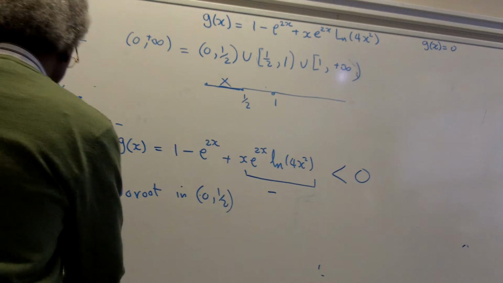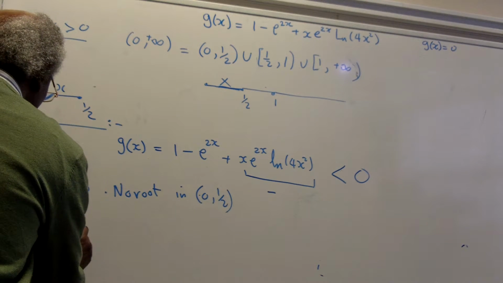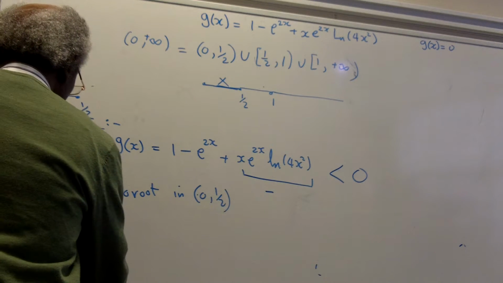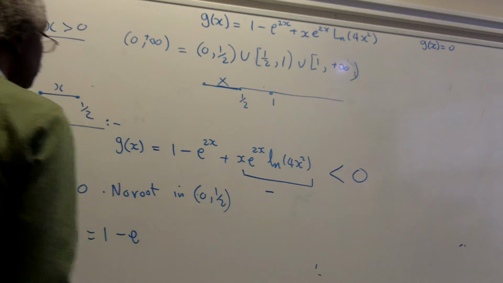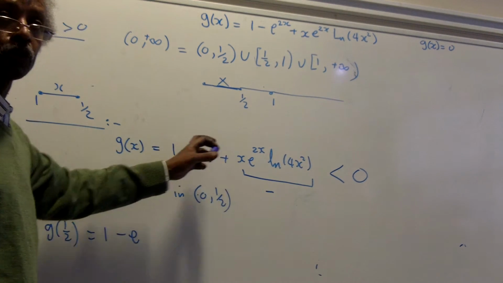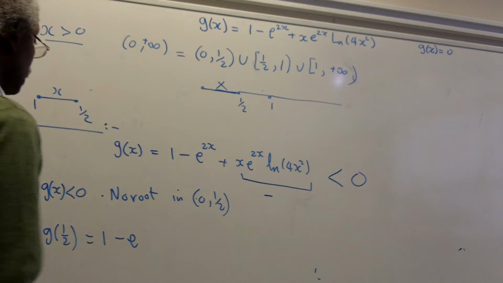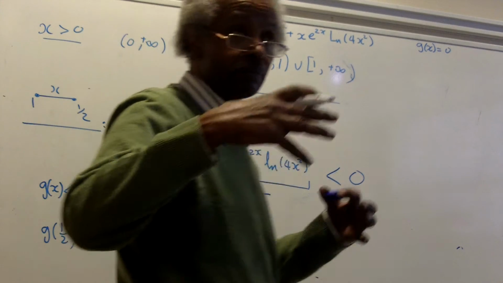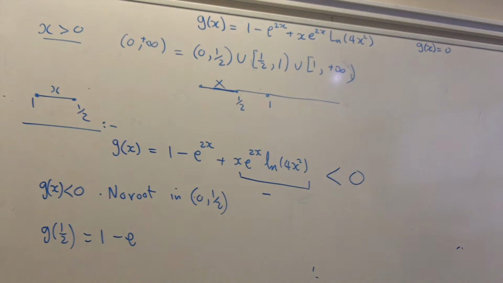Now, if I look at g of a half, this is going to equal 1 minus e with a half there. 2 times a half is just 1. Now, if I put a half here in place of x, x squared gives 1 over 4. 4 times 1 over 4 is 1, and this is going to equal 0.